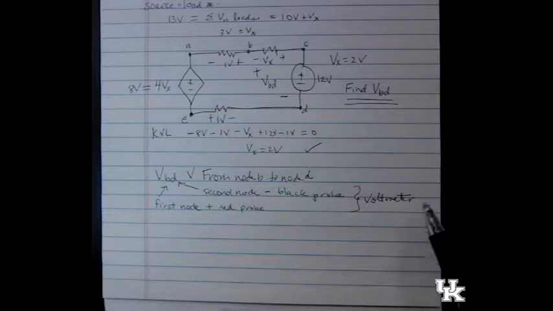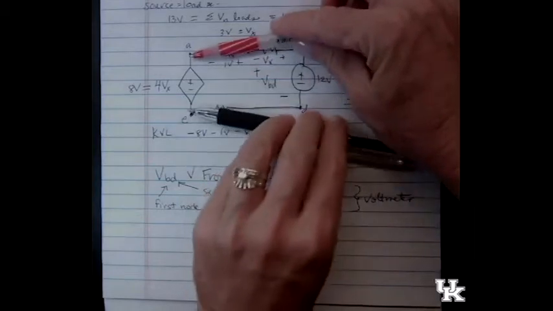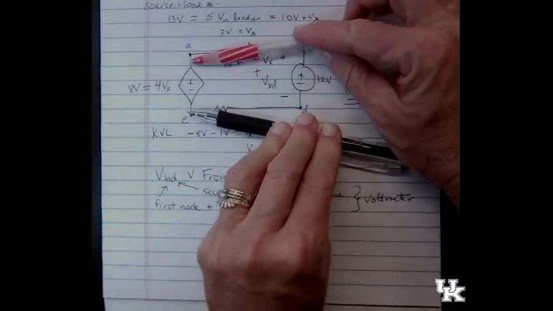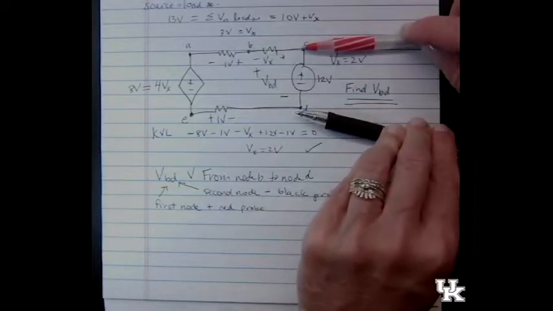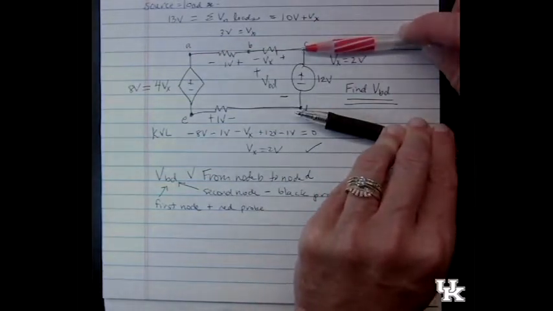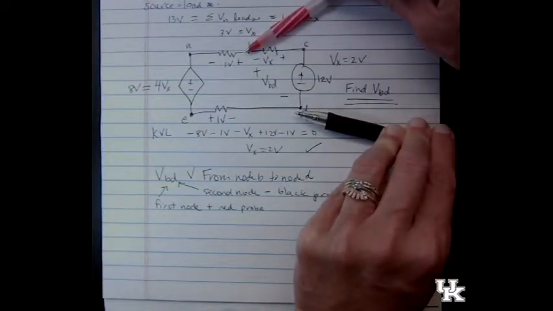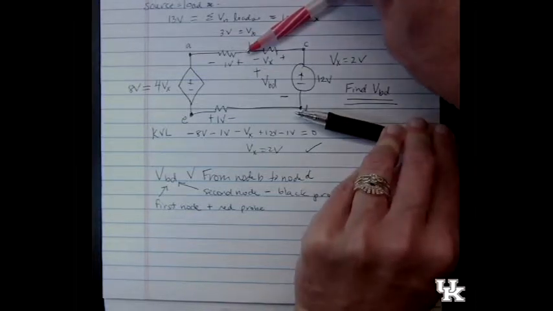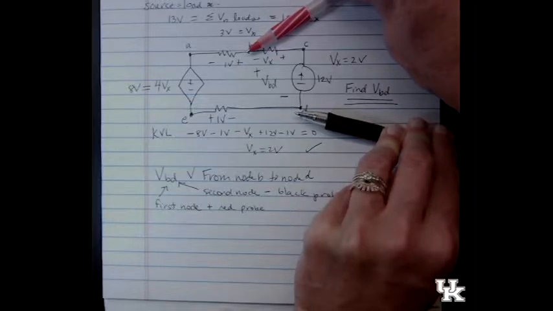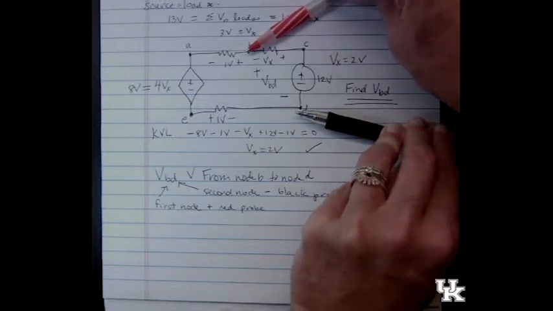Right? So you can imagine, let me see if I have another color pen here. Perfect. I have red and black. Okay. So if I had my red and black probes, I could measure this voltage, right? Or I could measure this voltage. Or the one I want to measure would be like this.